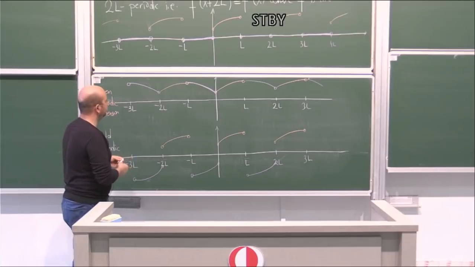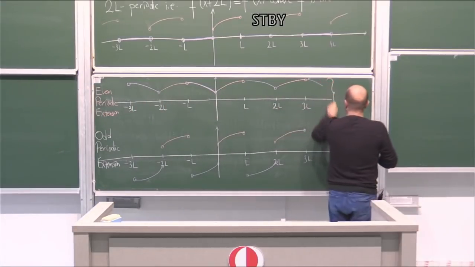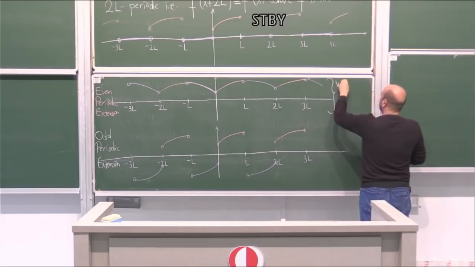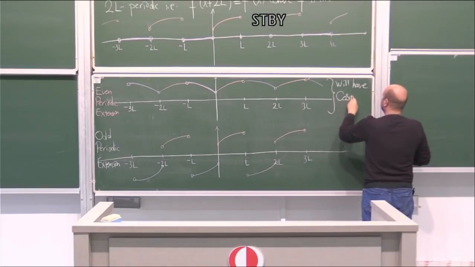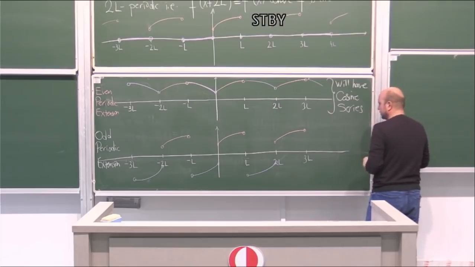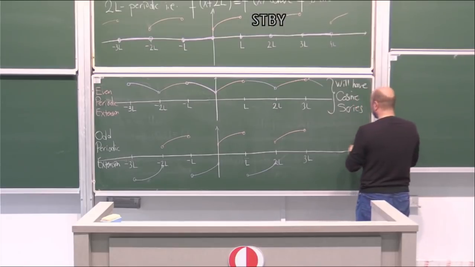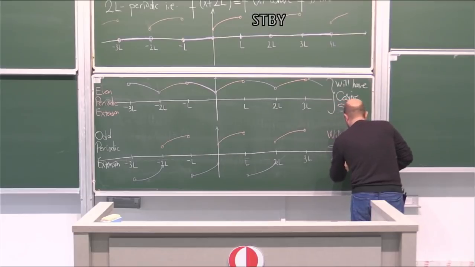So now the first one, the even one, will have a cosine series, and this one will have a sine series.